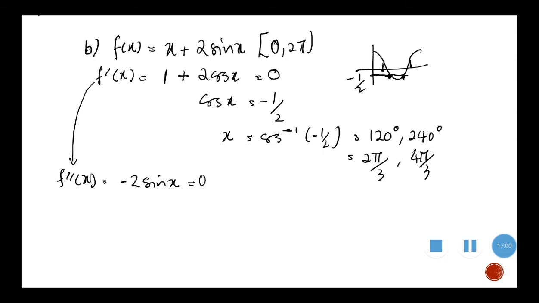Sorry, it's not equal to 0. We just differentiate, not make it equal to 0. So f double prime x, we differentiate 1 plus 2 cos x with respect to x. So we get negative 2 sine x.